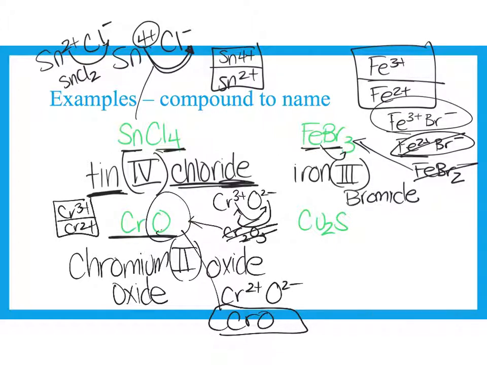The next one is Cu2S. So copper is what Cu is. So copper looks like that.